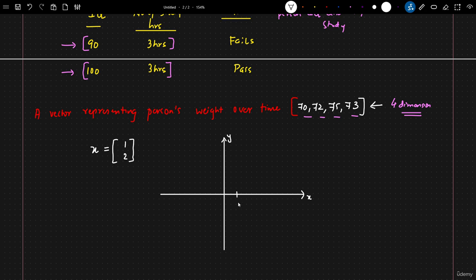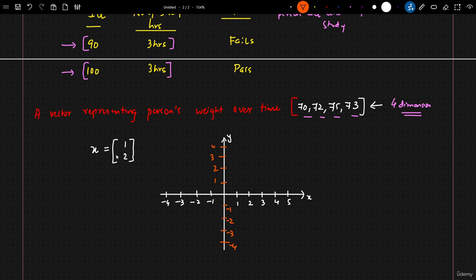On the x-axis, I have values like 1, 2, 3, 4, 5, and on this side the values become negative, -1, -2, -3, -4. Similarly for y, on the top it becomes positive 1, 2, 3, 4, and below it becomes negative -1, -2, -3, -4.